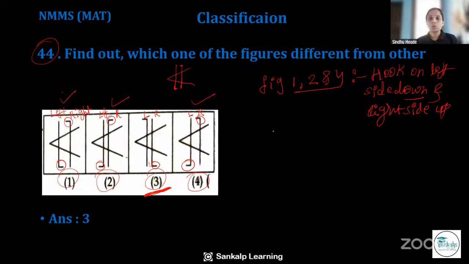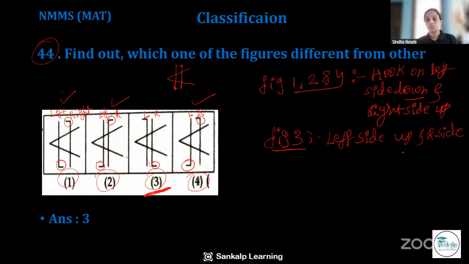But only figure 3 is different. Here it is reversed. The hook on the left side is up, and the hook on the right side is down. On the basis of this difference, we can say that image 3 is our answer. Thank you.